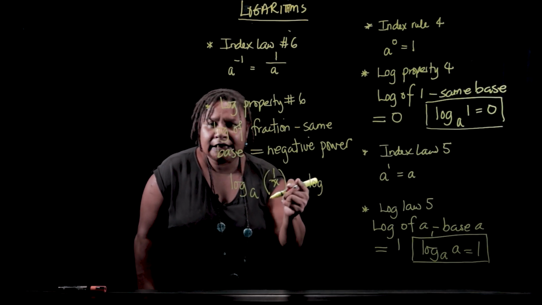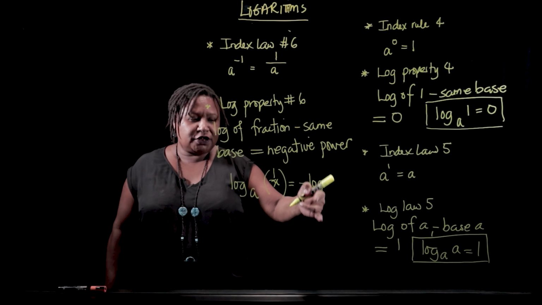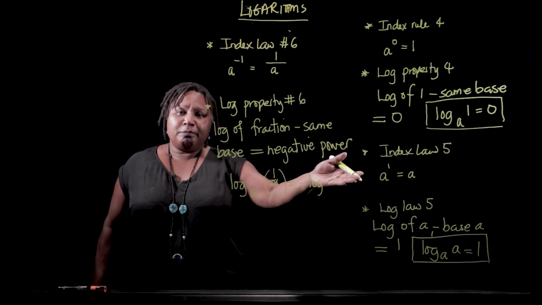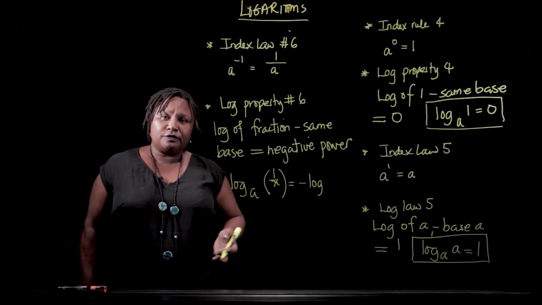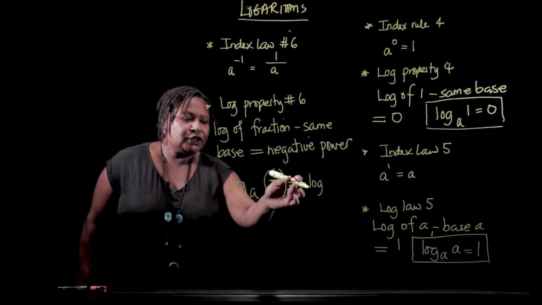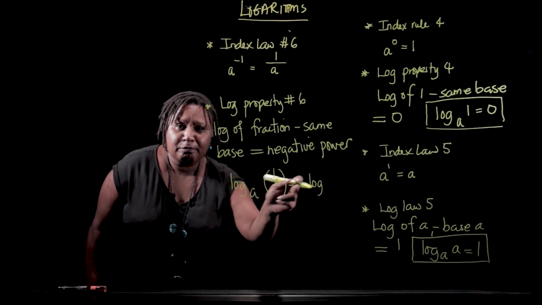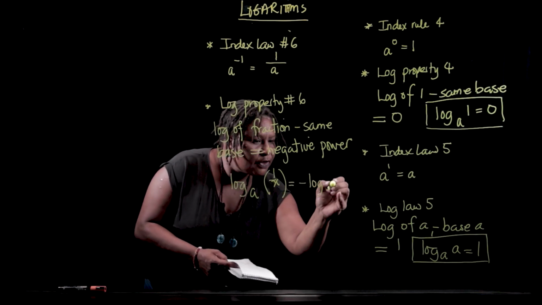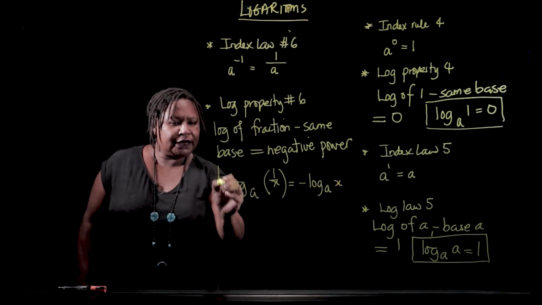Remember, any number in front of log, or we say the coefficient of log, is an index moved from the power to the front to become the coefficient of log. So this is a power. If I take the log of a fraction, then the power is negative. So negative log of the number to base a.